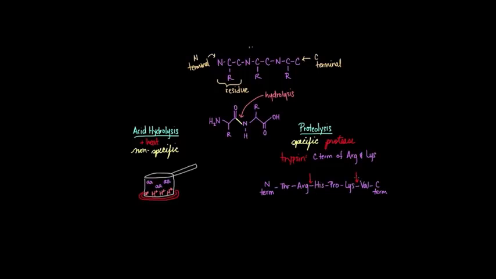And there are many other examples of specific proteases that cleave in certain parts of polypeptide chains. And you probably don't really need to memorize which proteases cleave after which amino acids, but you should probably remember that they are just specific means of breaking a peptide bond, unlike acid hydrolysis over here, which is a very non-specific way of cleaving a peptide bond.